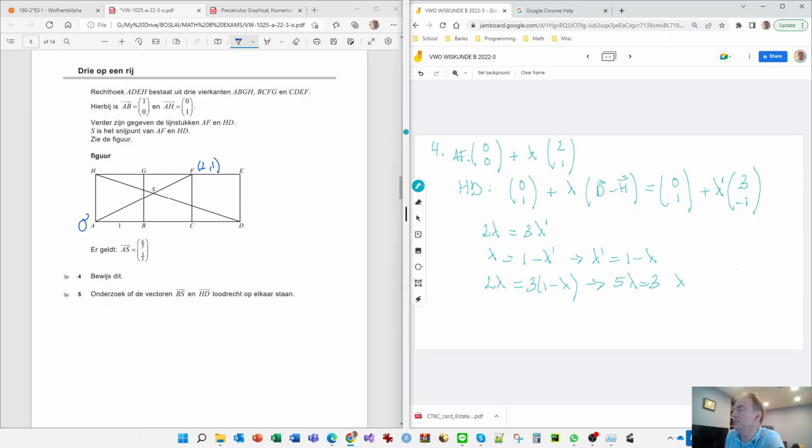In other words, lambda equals 3 over 5. And then I just substitute it in AF to find the coordinates of the point. So I get lambda times (2, 1) simply is (6/5, 3/5), which is what we have to prove.